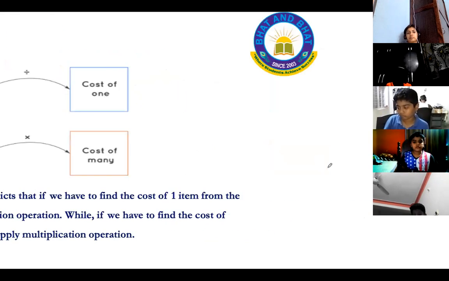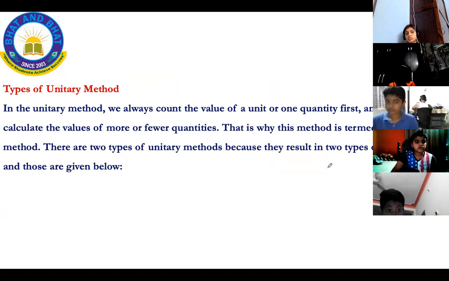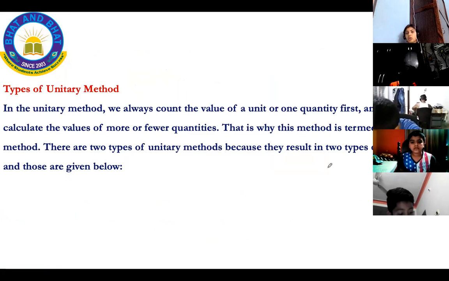Next. So what are the types of unitary method we have? In the unitary method, we always count the value of a unit or one quantity first, and then we calculate the values of more or fewer quantities.